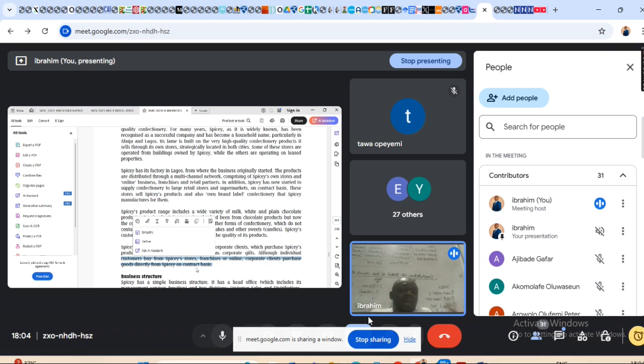We don't know if Spicy gives them a contract that says pay us between 3 to 6 months. So if the receivable period is taking too long, what will happen to the revenue? The revenue will drop, because you're expecting money and you've not seen money. You treat it as a receivable, and the receivable period is long.